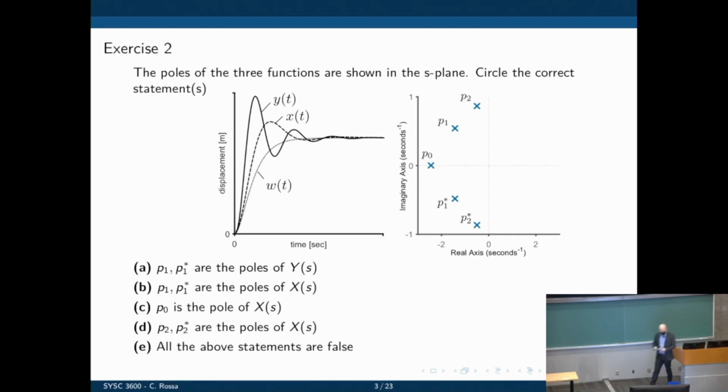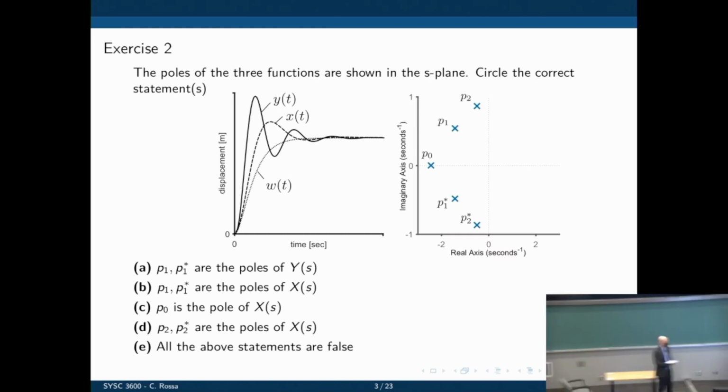So here we have a different concept. We have the poles of 3 functions shown in the S-plane. Circle the correct statements, and you're given the time response of what these poles would create. We have 5 options here, and we want to find the correct statements. So I'll let you think about this before we solve it together.